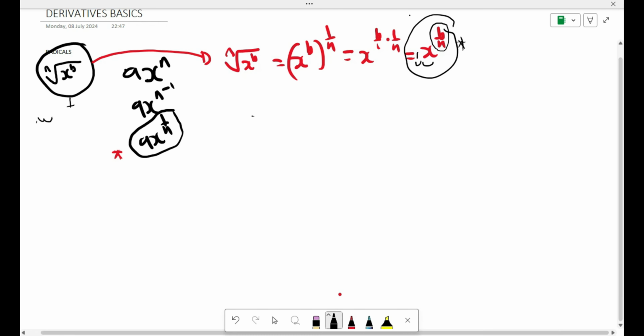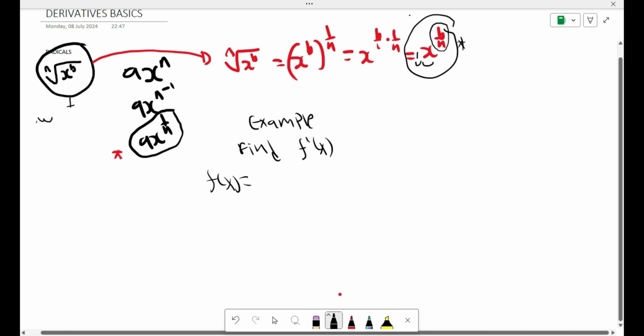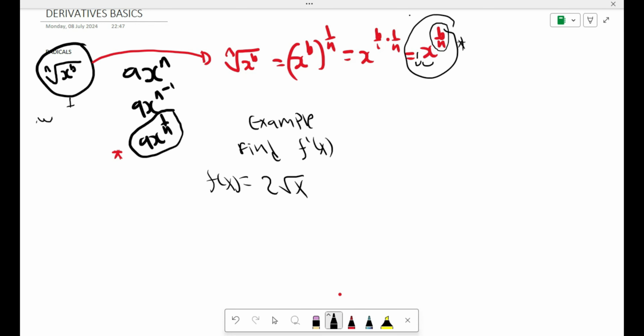To kickstart, we can test this example. Let's say the question is find f prime of x, where f of x is 2 root x. When it's like this, we can't continue.